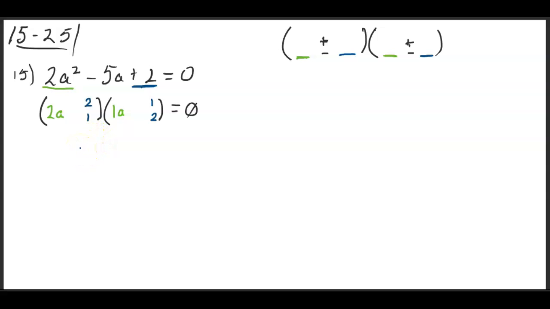But before we do that, let's think about our signs. Because if we think about the signs, we may be able to figure out more easily whether the first binomial has a 2 or a 1.